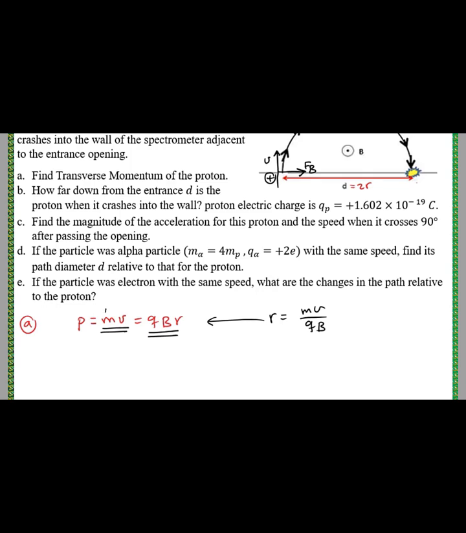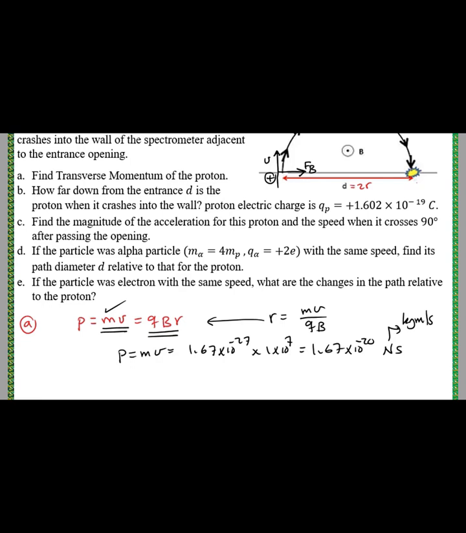For this question we will take the first one, because we know the mass and the velocity. So P equals m times v, which is 1.67 times 10 to the minus 27, and the velocity is 1 times 10 to the 7. So the answer is 1.67 times 10 to the minus 20. The unit is Newton seconds or kilogram meter per second, because it is mass times velocity.